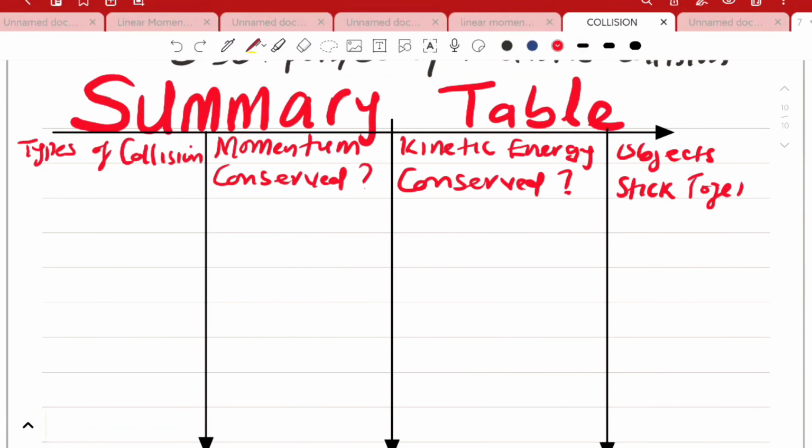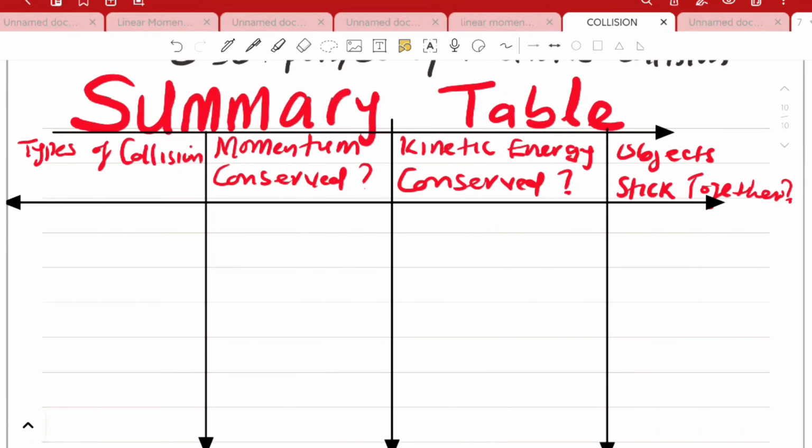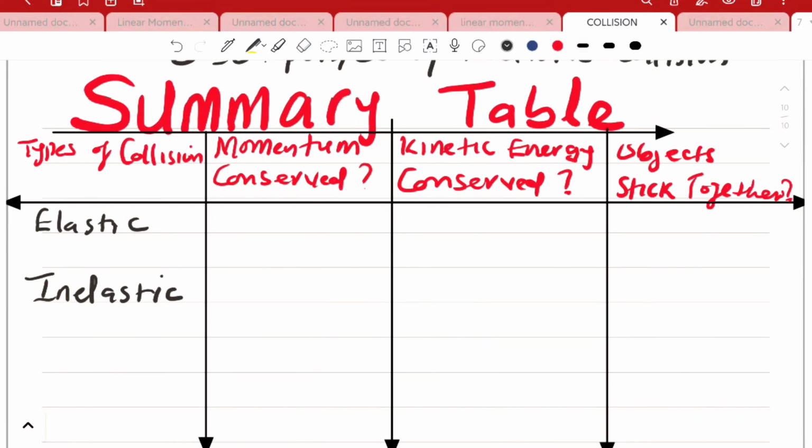If objects stick together, then we're going to have, for number one, elastic collision, inelastic collision, and perfectly inelastic collision.